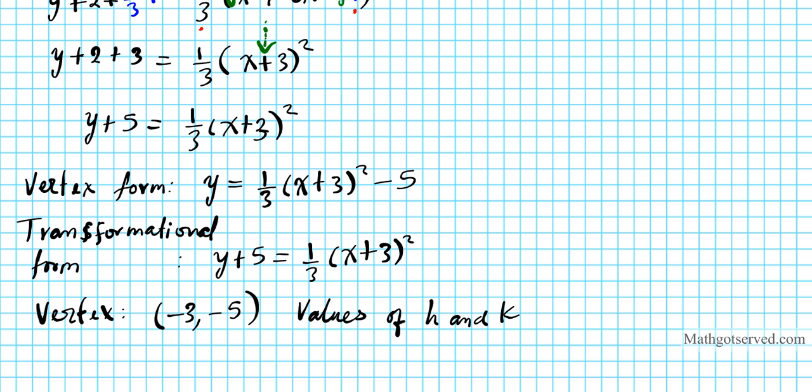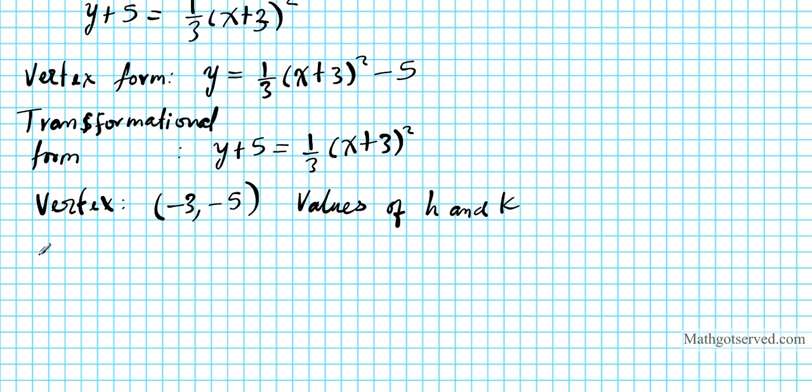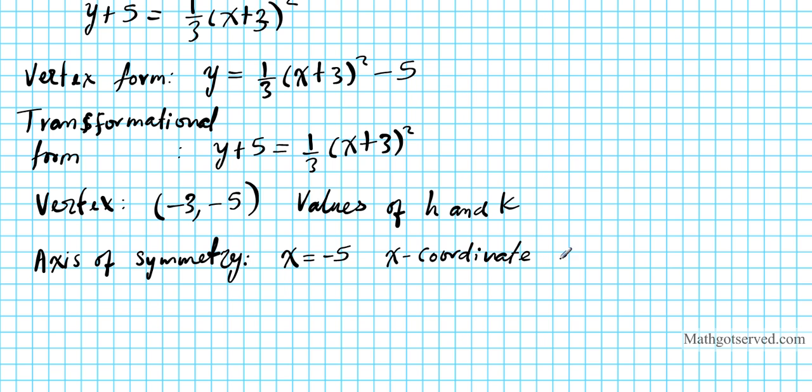Next thing we need is our axis of symmetry, the vertical line that divides our parabola into two congruent graphs. The axis of symmetry is the x coordinate of our vertex, so x equals -5.